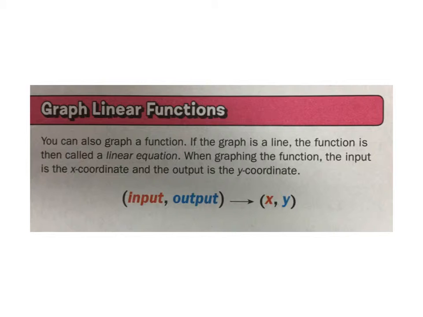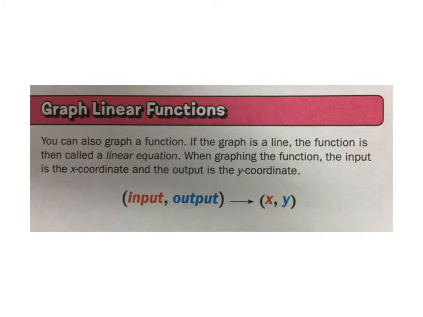Now we can graph these equations. So you can graph a function. If the graph is a line, the function is called a linear equation. So linear means a line, a straight line.